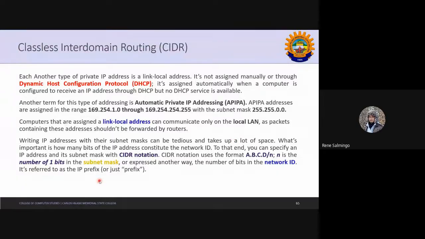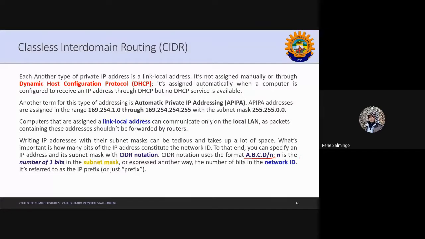And take note, we always have this notation. Just like what we did earlier, we make a notation for every class A, class B, class C. But in this scenario, this is your first octet, second octet, third octet, and fourth octet. And this is your CIDR notation, the number of bits in the subnet mask.